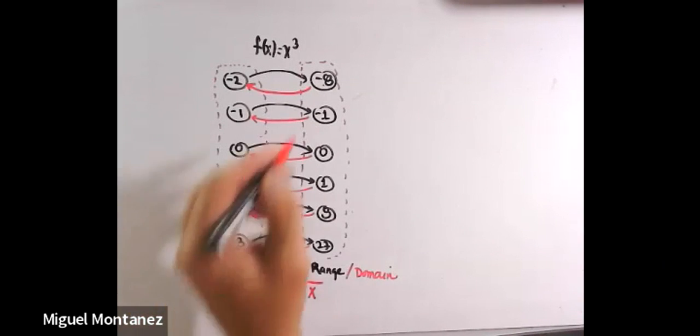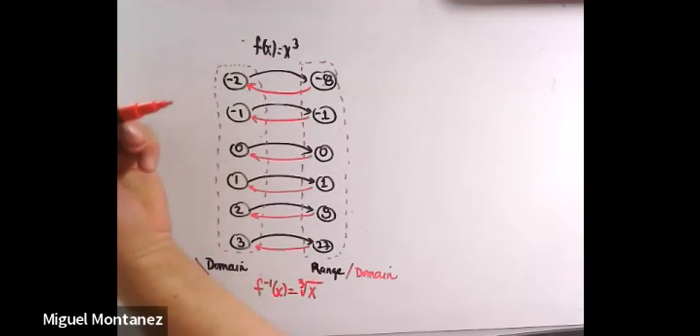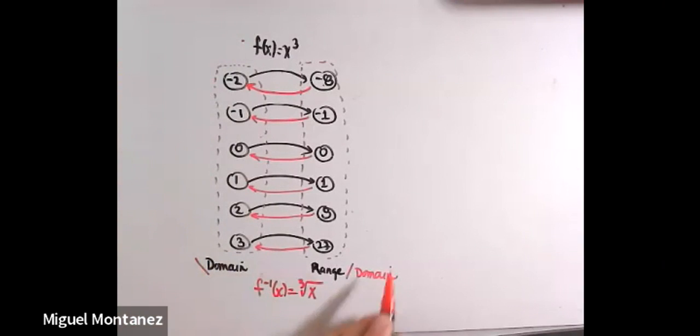Likewise, the domain of the original, or the f of x, becomes the range or the output of the red one. So this will be the range.